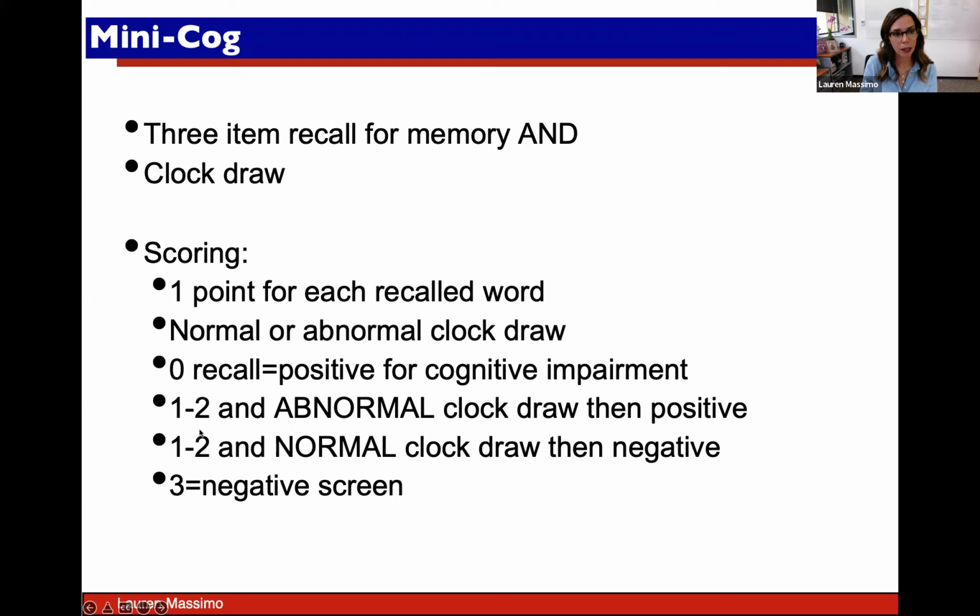If they can recall 1 to 2 words, but then they have an abnormal clock draw, then again, considered concerning for cognitive impairment. If they can remember 1 or 2 words and then they have a normal clock draw, then that's considered negative. And if they can remember all 3 words, then that's generally a negative screen.